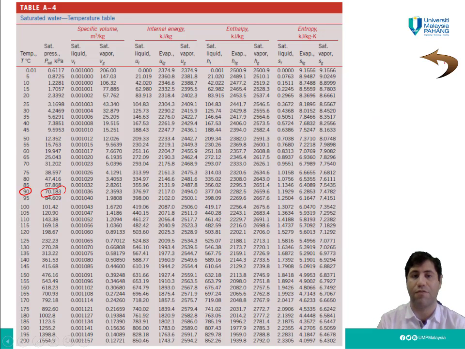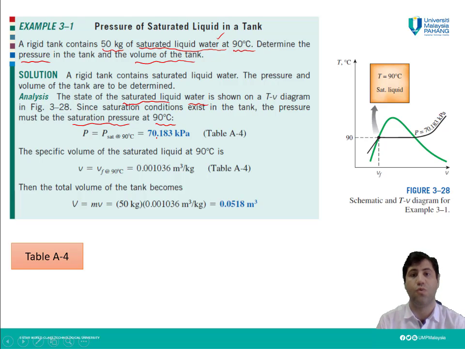So we have the saturation pressure, which is the pressure of the water in this state and at this temperature. Simply with this table, we can find that without any measurement. And next we are going to find the volume of the tank.